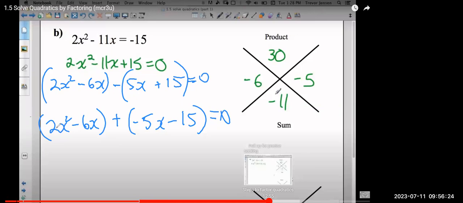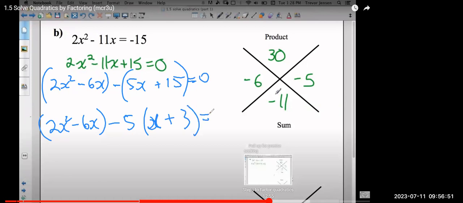I can factor out a 2. Oh, and actually, my bad. I didn't need to do that because we're going to factor that out anyway. So I can factor out the 5 here. I can bring the 5 outside with the negative, it's fine. And then you have x plus 3 equal to 0.